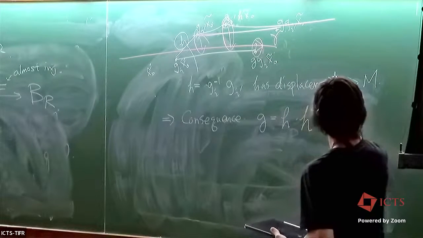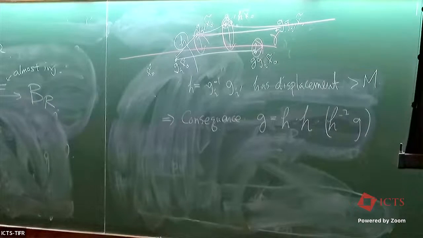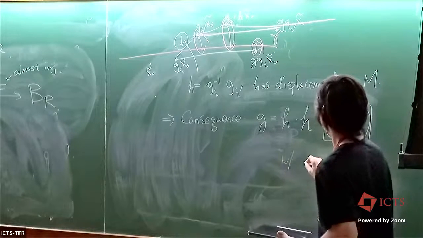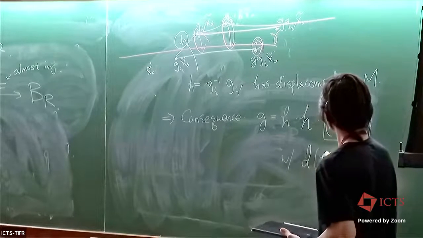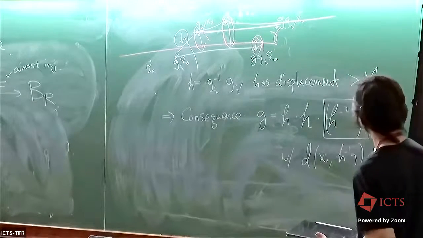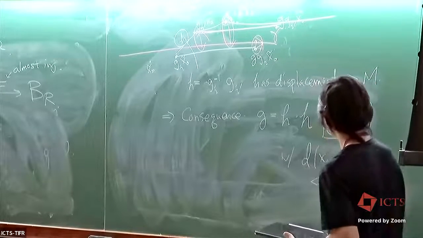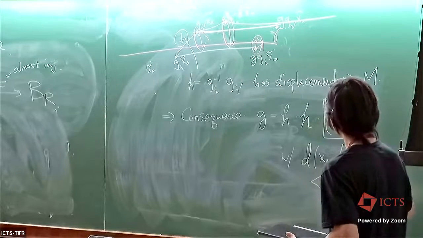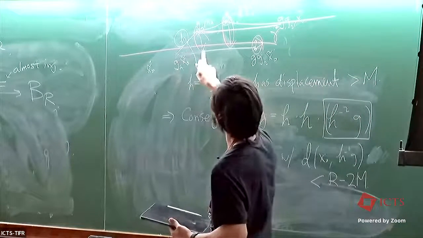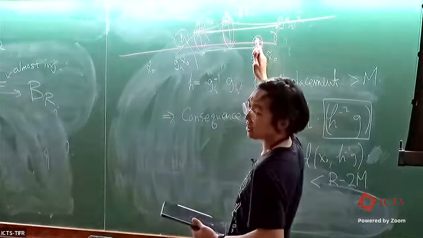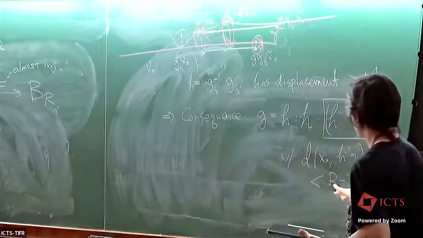This is just an equation for any G and H, but with a special property: the displacement is smaller than r minus 2m. So basically, this displacement is around m, and the total length is less than r. So this length is smaller than r minus 2m.